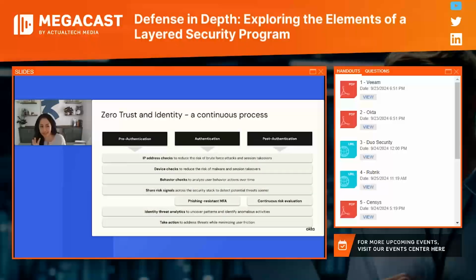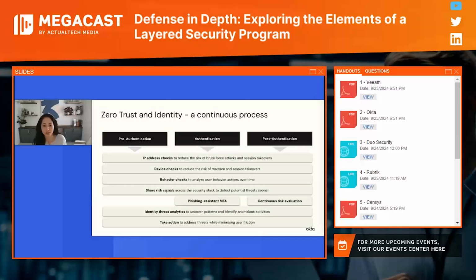Now, here's a quick recap of everything we just talked about. So when we're looking at that pre-authentication and authentication stages, there's a lot of information that you can use to evaluate risk before and as a user logs in. And we tried to visualize that a little bit here to show that these actions can and should continue past the point of authentication.